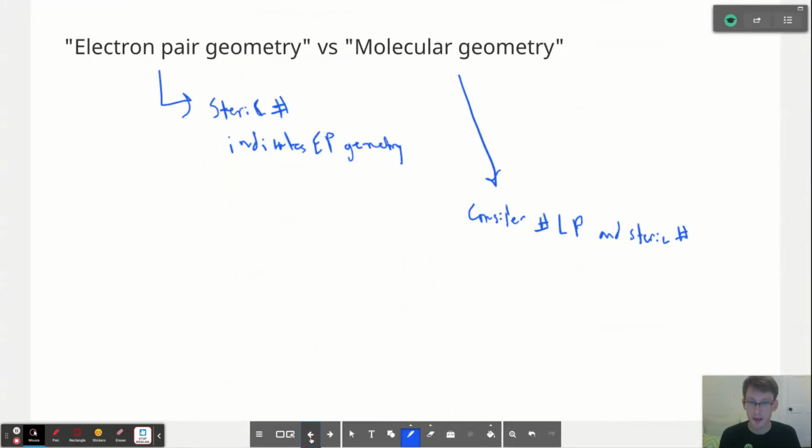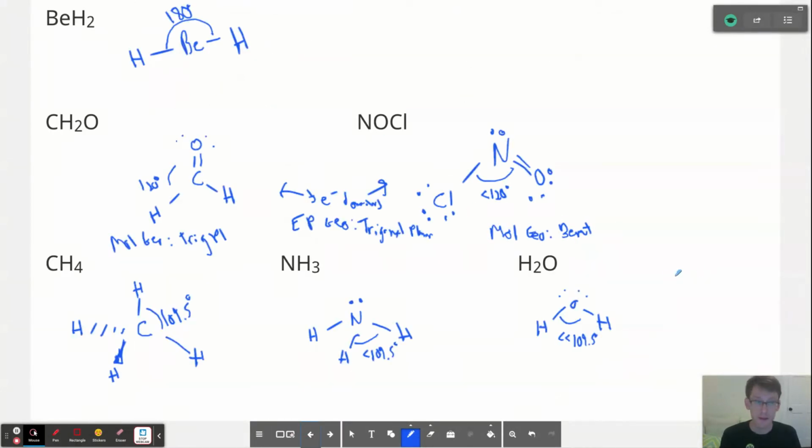So what we will say is that the electron pair geometry is tetrahedral. And because the CH4 has no lone pairs, its electron pair geometry is the same as its molecular geometry. So the molecular geometry for CH4 is tetrahedral.